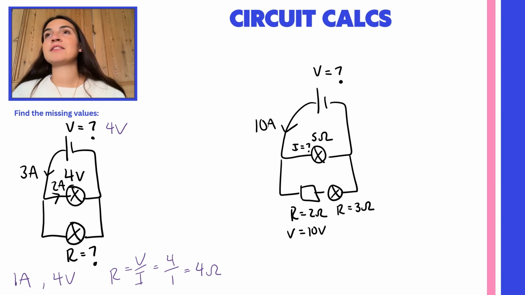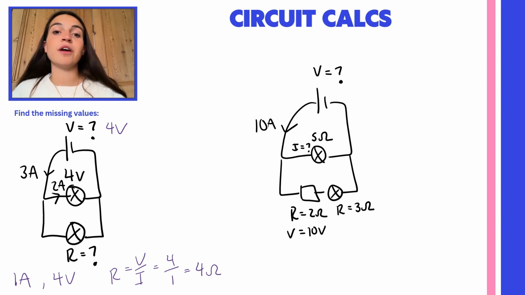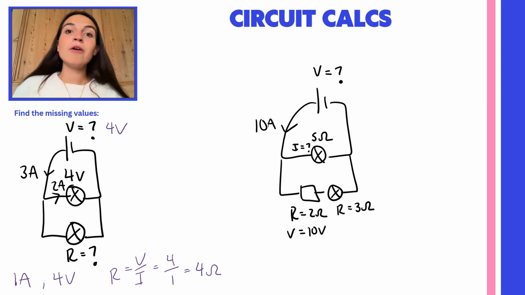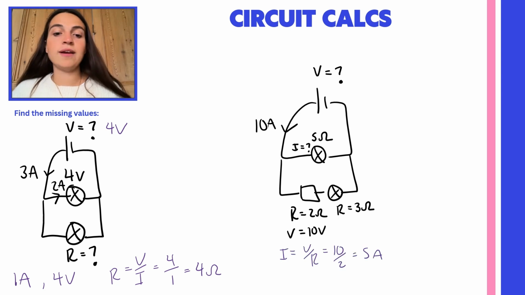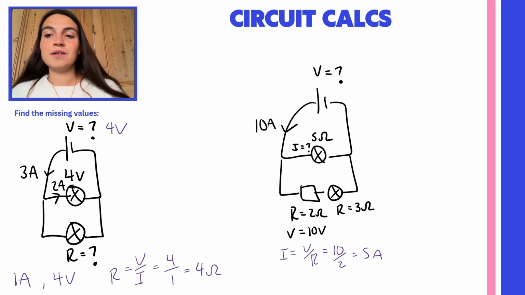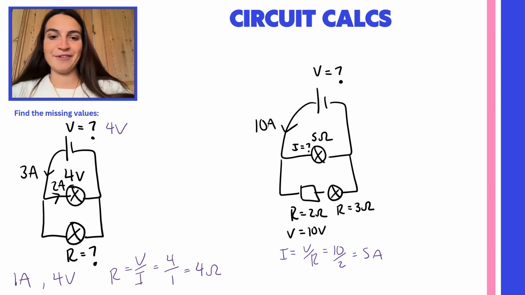And this is a case of me figuring out another piece of information that doesn't seem relevant at first, but will help me to take steps towards getting my final answers. So let me do it. I've got current is voltage over resistance. 10 divided by 2 is 5 amps. Now, this has been quite helpful because now I know the current through the bottom branch is 5 amps.